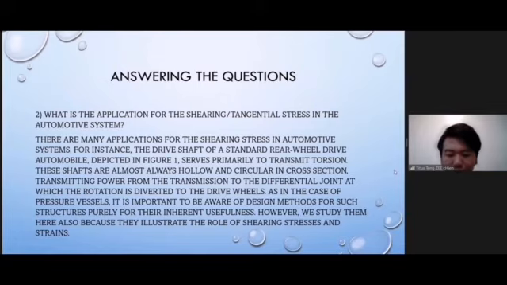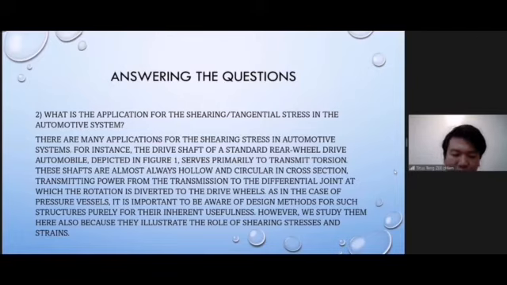For instance, the drive shaft of a standard rear-wheel drive automobile depicted in Figure 1 serves primarily to transmit torsion. These shafts are almost always hollow and circular in cross-section, transmitting power from the transmission to the differential joint, at which the rotation is diverted to the drive wheels.